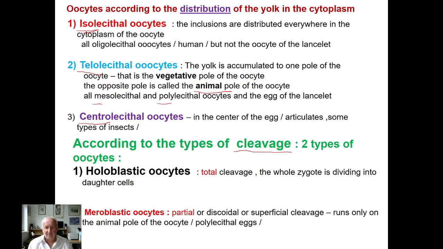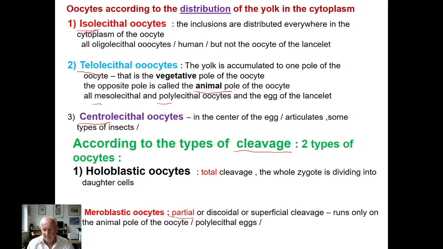The whole zygote is dividing into daughter cells. And in meroblastic oocytes, logically, the cleavage is running only on the animal pole, not where the yolk is. So you can see new cells only on the animal pole of such an oocyte. So logically, polylecithal eggs are meroblastic.